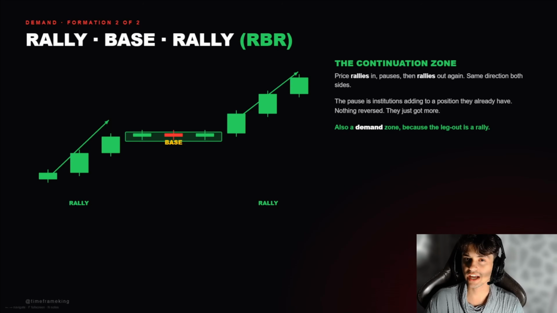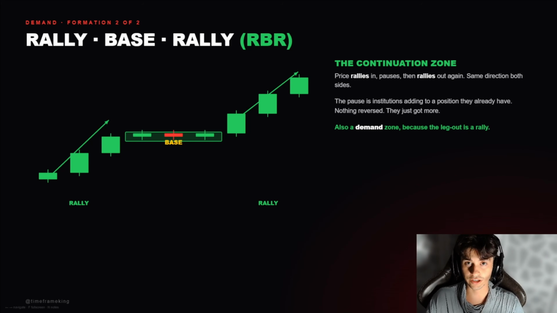Now, the same side of the market, but a completely different situation. Rally, base, rally, RBR. Price rallies in, pauses, then rallies again. Okay? It's the same direction on both sides, nothing reversed, but it's still a demand zone. The leg out is still a rally. And you must be asking yourself, what happened in that base? Somebody who was already long got more.